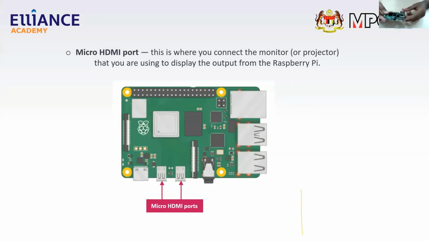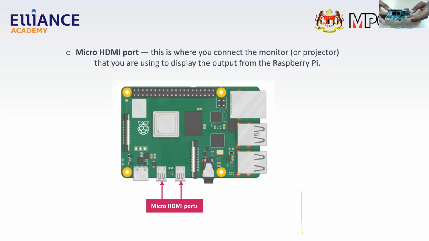The micro HDMI port. If you take a look, you can see one here and another one here. This is the micro HDMI. The one connected to your PC will be a normal size HDMI cable, but the Raspberry Pi comes in the mini version, which is a micro HDMI port.